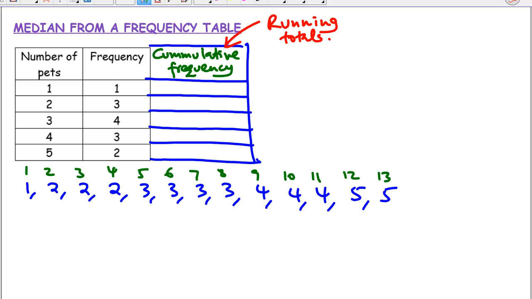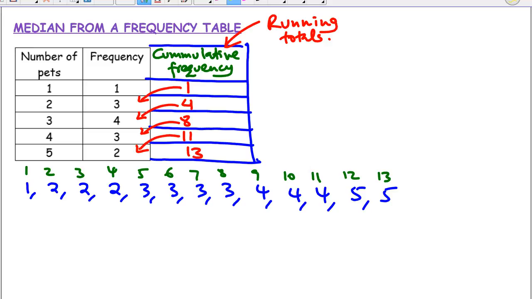So how do you get these running totals? This is how you get them. You start from here. I'm just going to start from 1. And then if you add 1 plus 3, you get 4. 4 plus 4, you get 8. 8 plus 3, you get 11. 11 plus 2, you get 13.